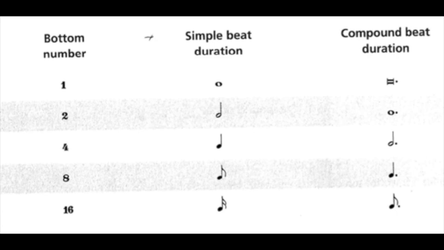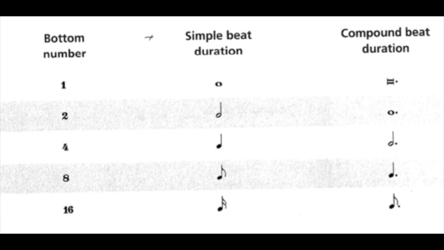So, as a reminder, if your bottom note is a 1, that means your main division in simple time is a whole note, or in compound time is a dotted breve, so 3 whole notes. If your bottom note is a 2, that means that your durational beat in simple time is a half note, or in compound time 3 half notes, so a dotted whole note, and so on and so forth.